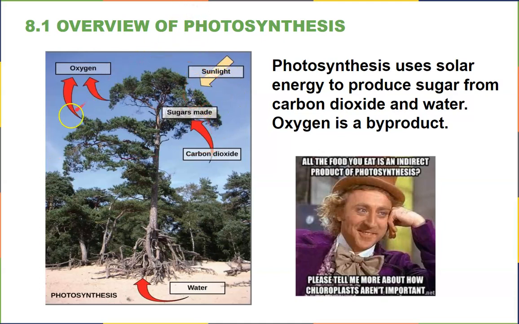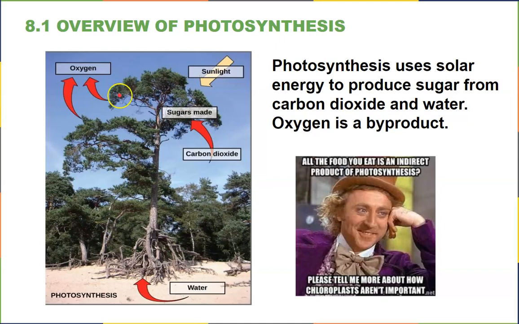So the above ground portions, typically the green portions, not the brown portions, are going to capture sunlight. And that is where our sugars are going to be made. Where the sugars are made and where the sunlight is being captured is where carbon dioxide will also be absorbed. And then oxygen is given off as a byproduct.